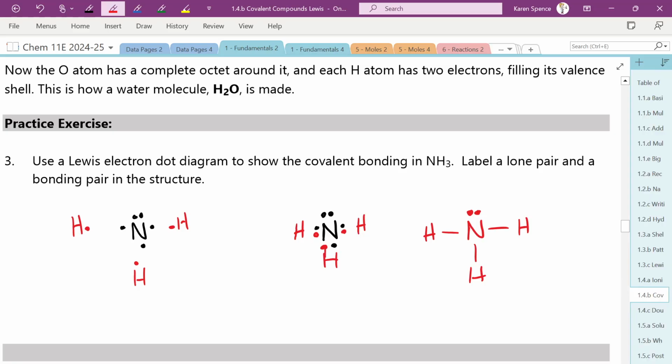If we were doing, instead of a Lewis structure, if we were actually going to draw the correct shape, how many electron areas do we have? How many electron domains? 1, 2, 3, 4 electron domains. So what shape would those electron domains make? Tetrahedral.